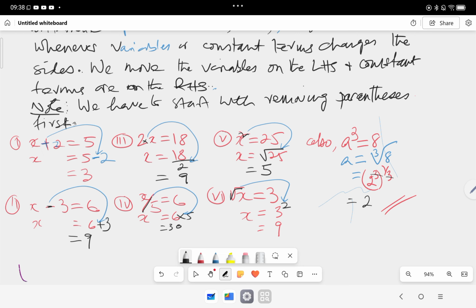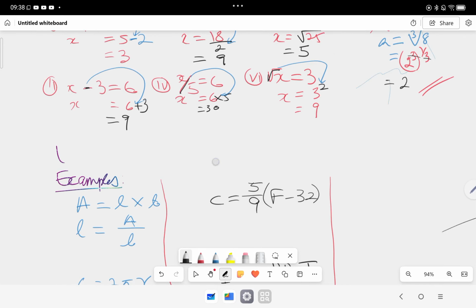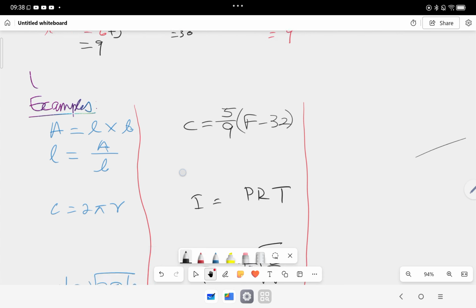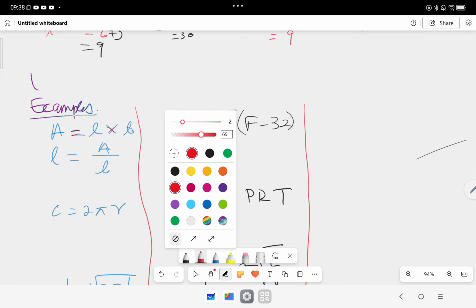If you find a bit harder problem, here are some examples. Similarly, if A equal to L times B, then this multiplication will change into a division.